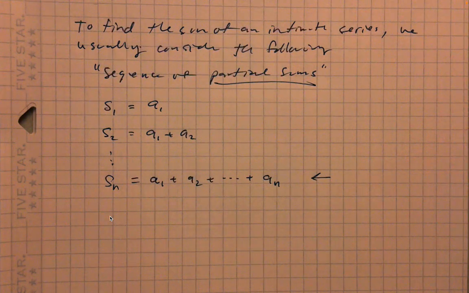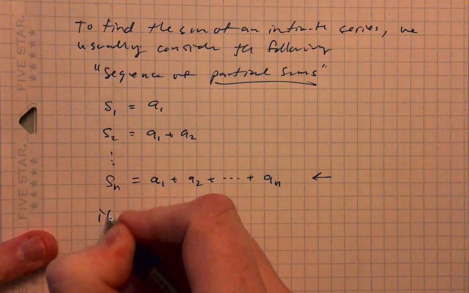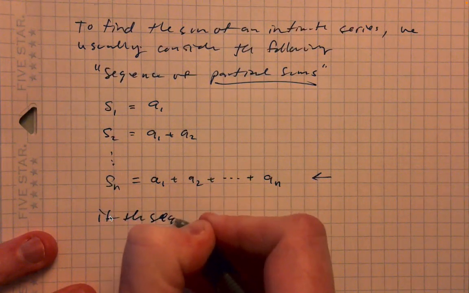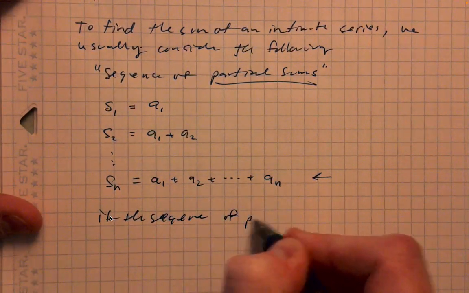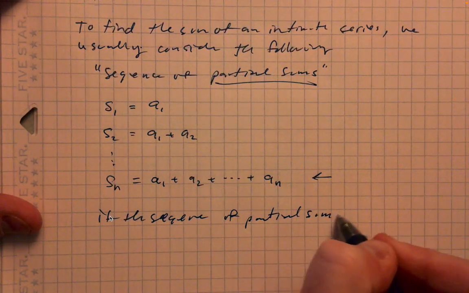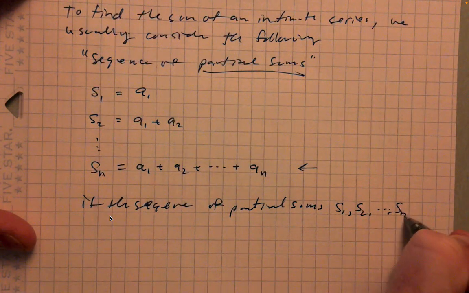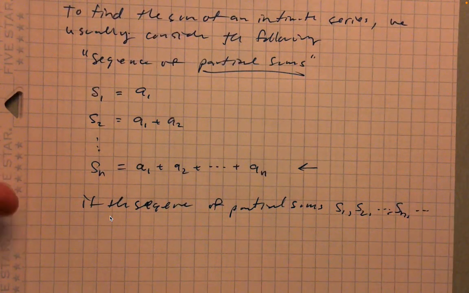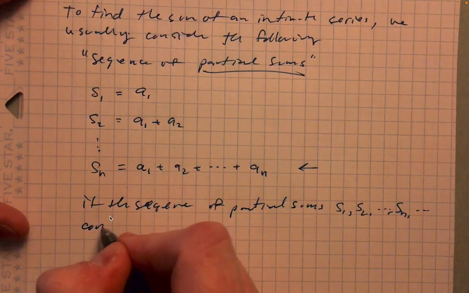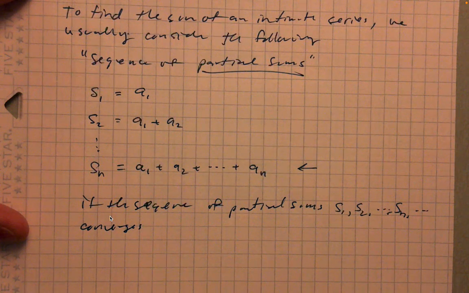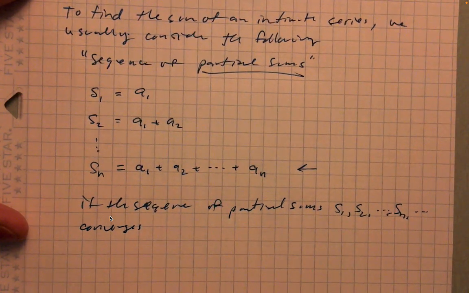The idea here with the sum of an infinite series is that if the sequence of partial sums, s1, s2, ... sn, ..., converges, then the series is said to converge.